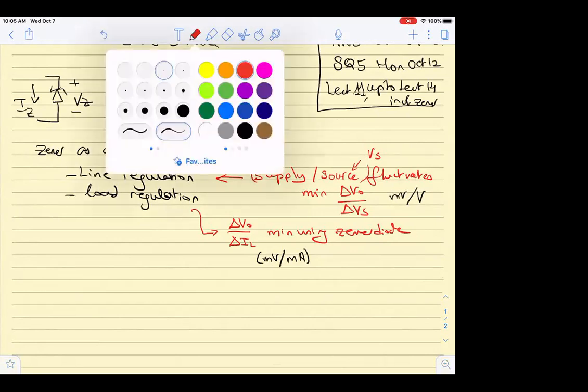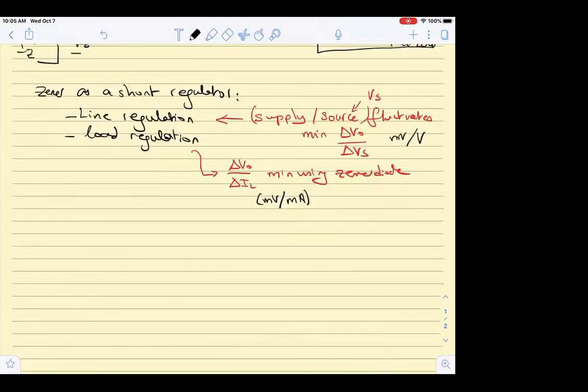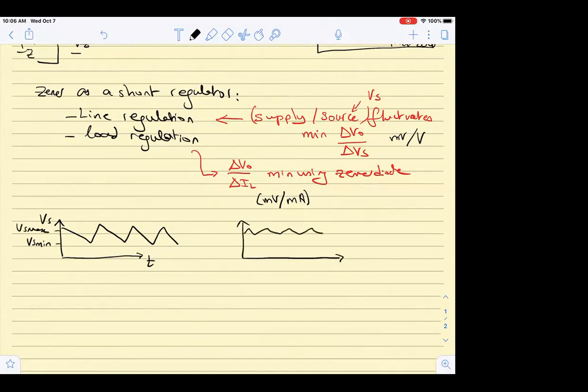So let us then see how we put it as a shunt. And we said last time, this means that, for example, if my VS as a function of time t has a large variation, independent of the shape of the signal, fluctuating between VS min and VS max, then we expect that the output across the Zener, and now we draw the circuit, has much smaller fluctuation with the same period.